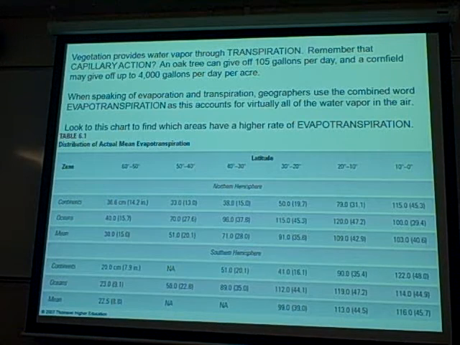That's a lot of water that plants give off. So outside of just evaporation off of lakes and oceans and whatnot, plants are giving off that water, and so that's part of the cycle, right? The hydrologic cycle.